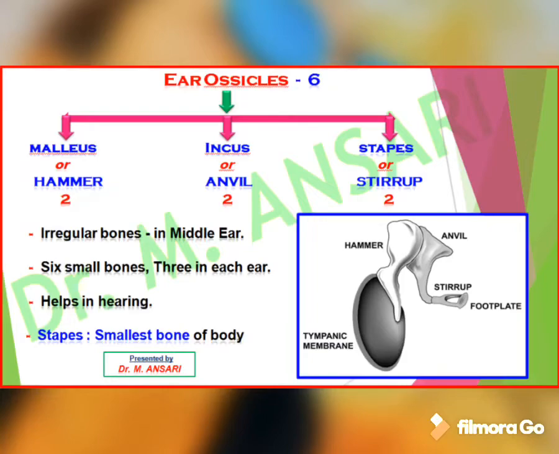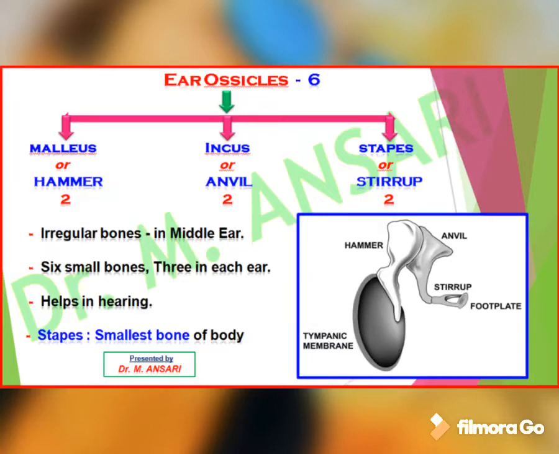Malleus is also called hammer, incus is also called anvil and stapes is also called stirrup. 1 malleus, 1 incus, 1 stapes in 1 middle ear. Like this, the another 3 ossicles are in the another middle ear.